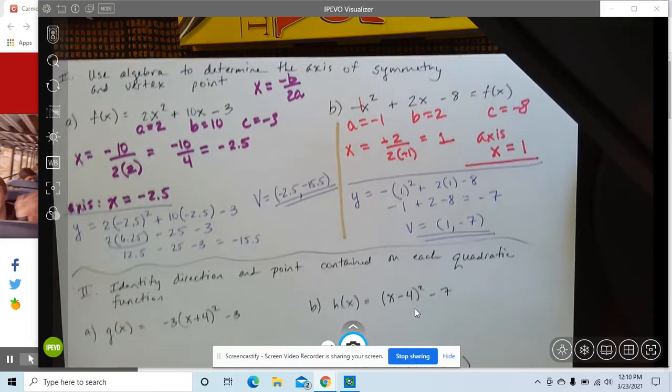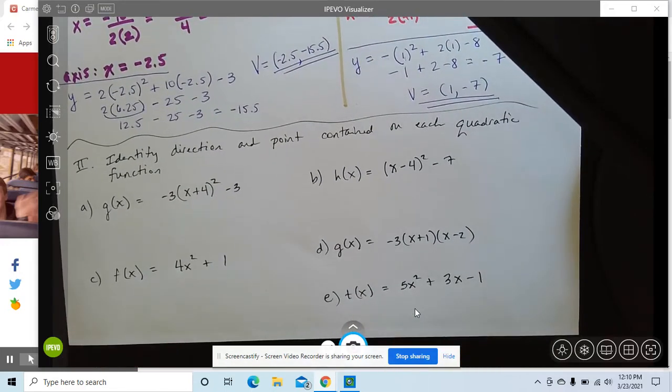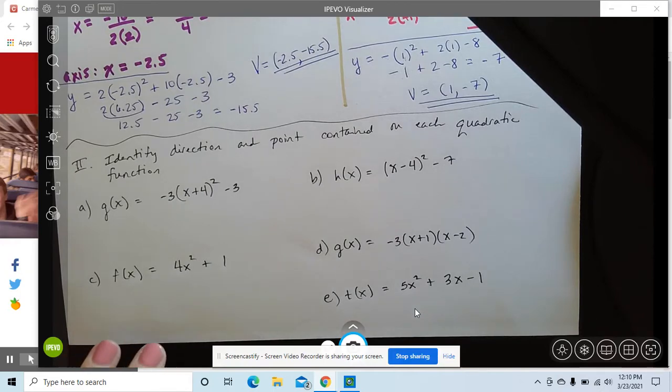And then, last but not least, we now have vertex form. You can tell it's vertex form because you have a parenthesis with a squared item. Another way to tell is it doesn't have 2 sets of parentheses. Okay, for each of these, we want to identify the direction and point contained on each quadratic function.